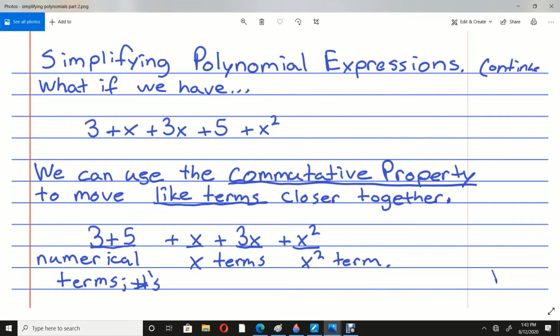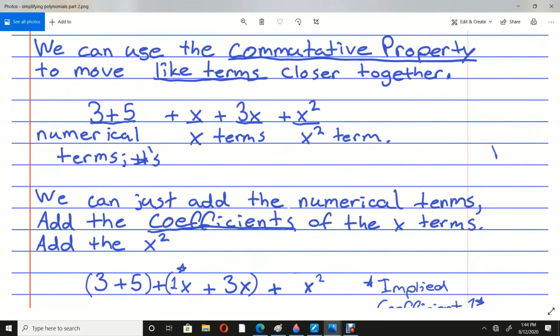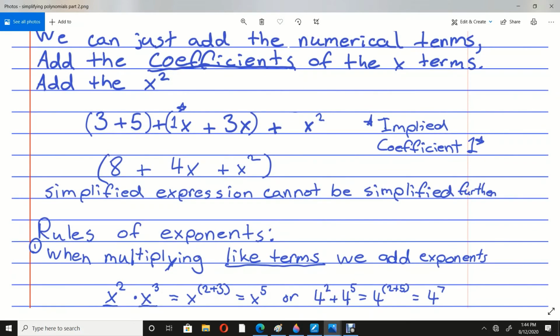Those are what we'll call our x terms because their variable is x. And then we have x squared, which again is different than x, as it's not the same variable term, right? X times x does not equal x. They're not similar terms, so the x squared is all by itself. Nothing to match up with it.